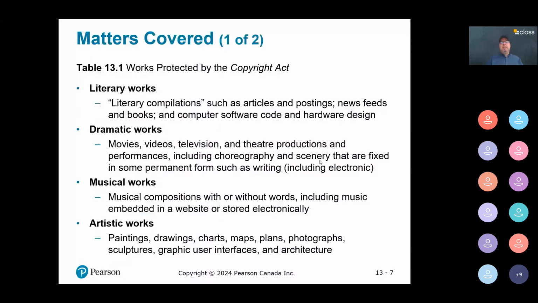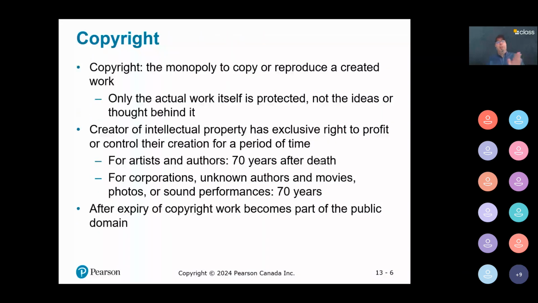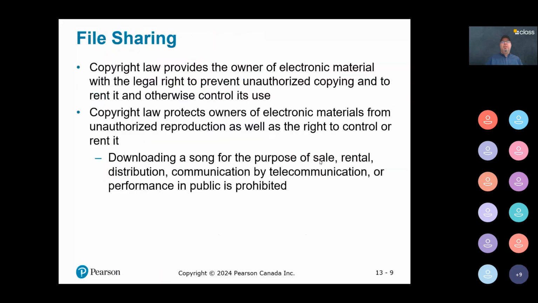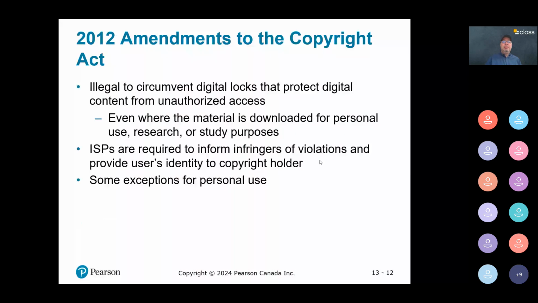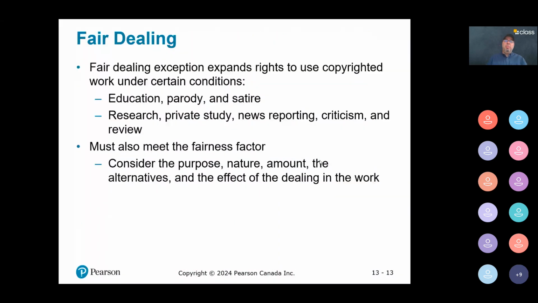And copyright is protected for the life of the author plus 70 years. Now, if copyright is generated in the course of employment, it naturally belongs to the employer, unless employee and employer agreed otherwise.